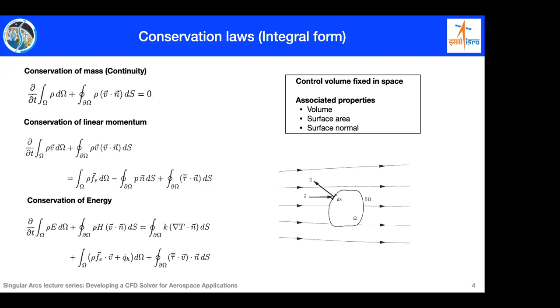Now, if you see the equation, we can consider some 3 or 4 different terms. I will come to that classification later. In general, there is a time derivative involved, then there are surface integrals, and there is a volume integral. So these things have to be discretized separately. When we are coding, there are also trivial things like computation of volume, surface area, and surface normal, which need to be kept in mind.